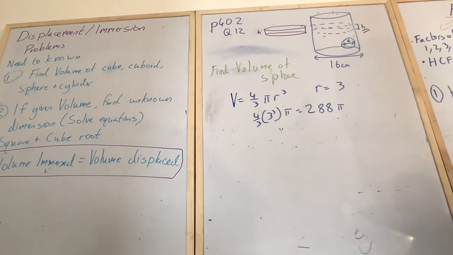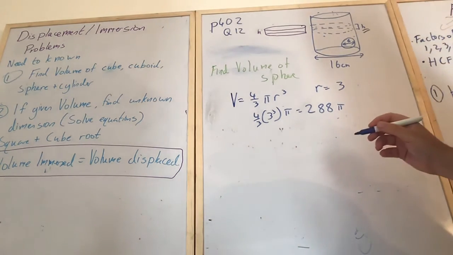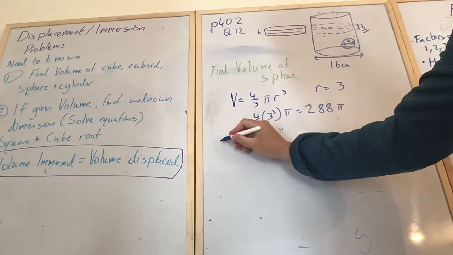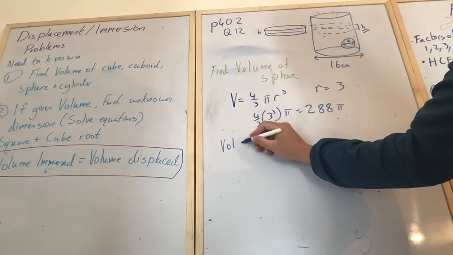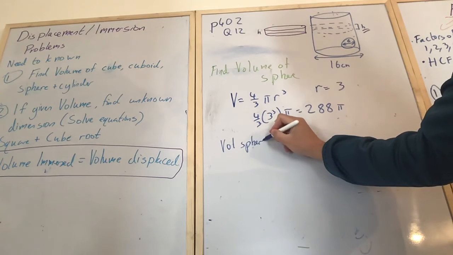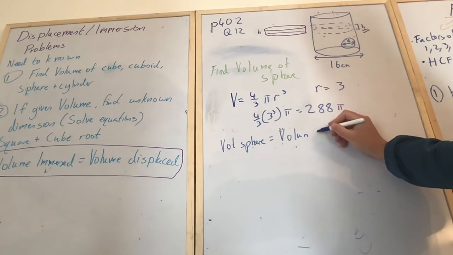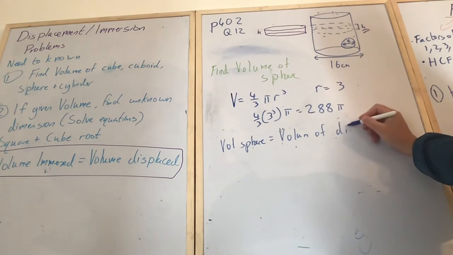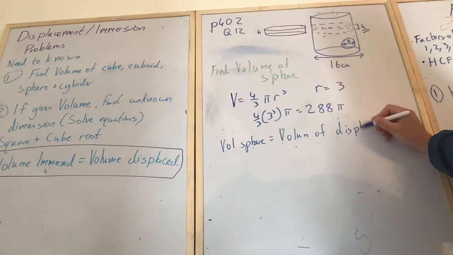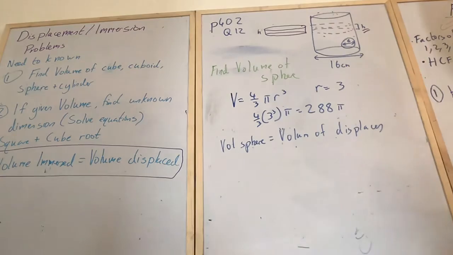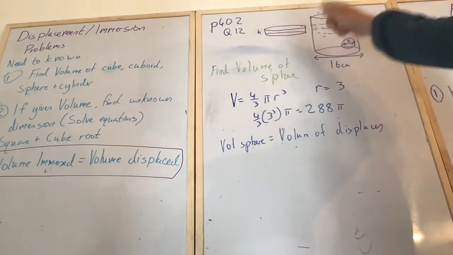After we've found that, we know that the volume of the sphere equals the volume of the displaced. So we have to look at the object that is displaced in this case. It is a cylinder.